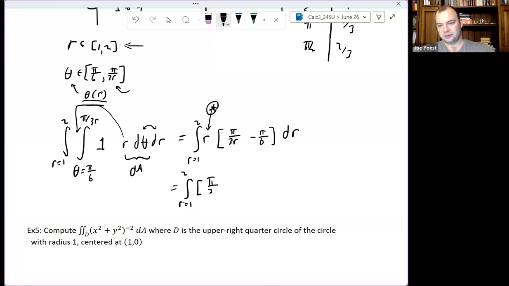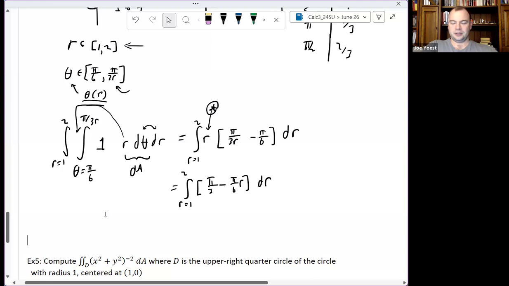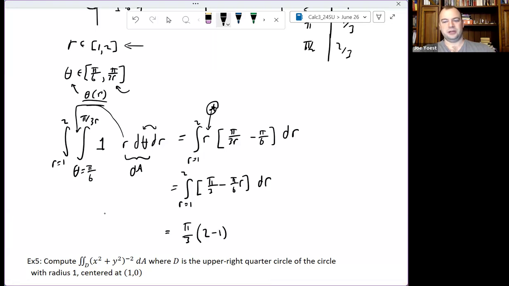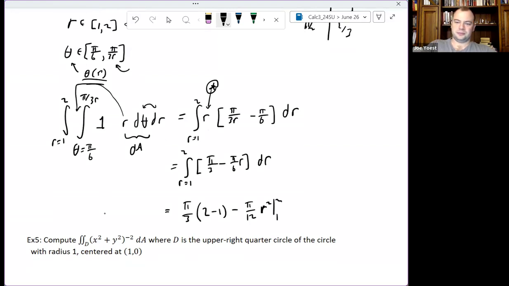We get pi over 3 minus pi over 6r, integrating that dr. This gives me pi over 3 times 2 minus 1. That's just a constant integrated over that interval. And then minus pi over 12 r squared from 1 to 2.